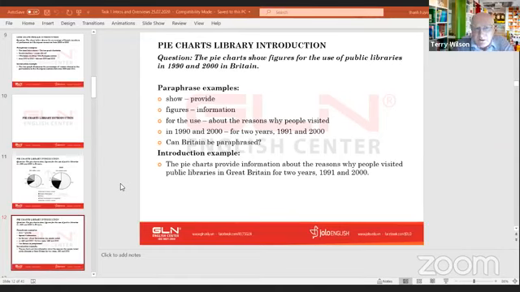So we end up with an introduction example as the pie chart provide information about the reasons why people visited public libraries in Great Britain for 2 years, comma, 1991 and 2000. Again, the question has been completely paraphrased, but the example is easy to read.